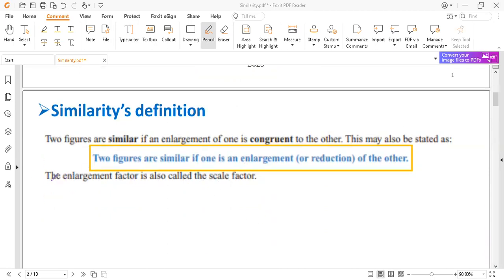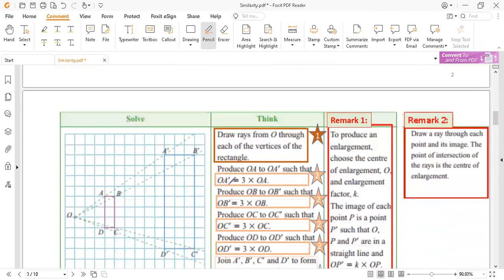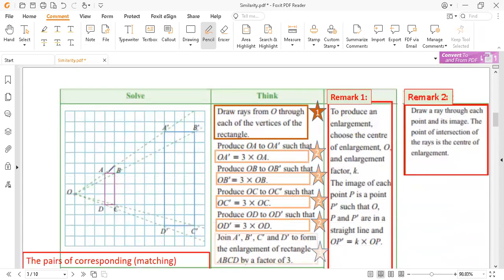We will adopt a new concept of enlargement factor, which is called in the upcoming material the scale factor. Here we have a figure ABCD, and A prime, B prime, C prime, and D prime.